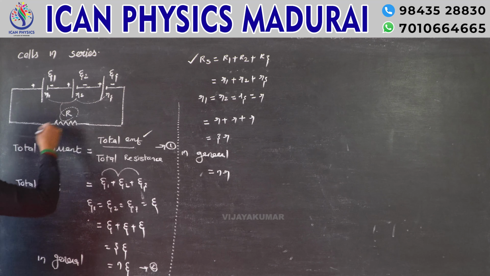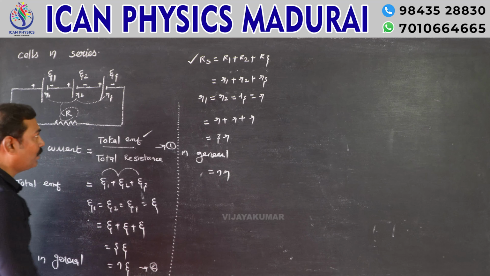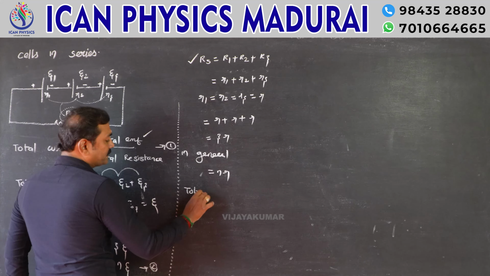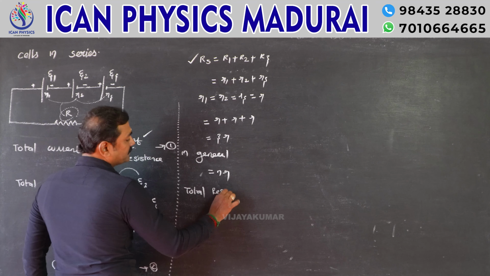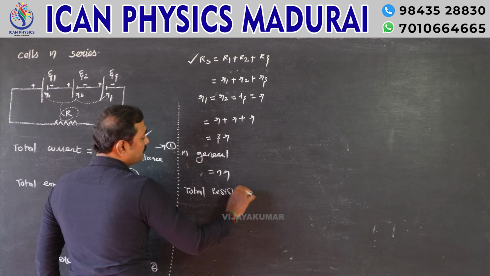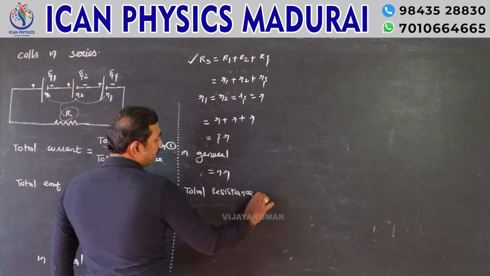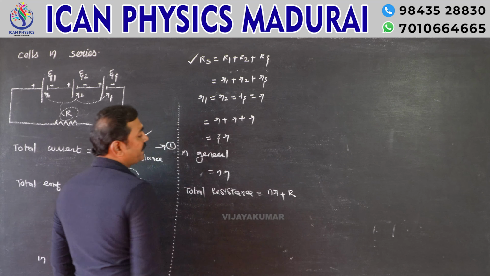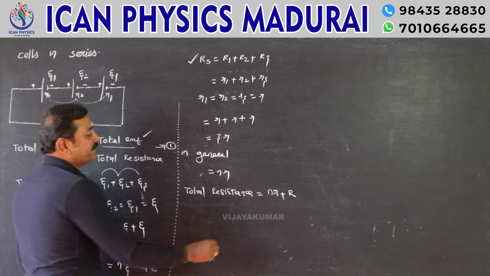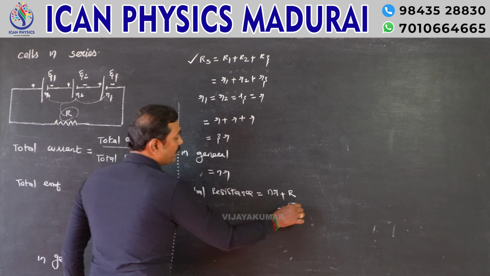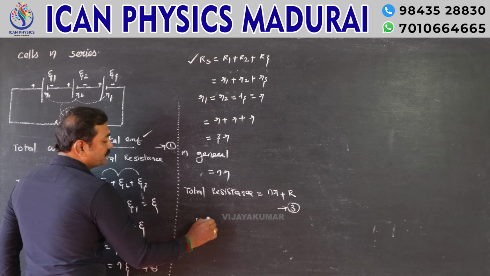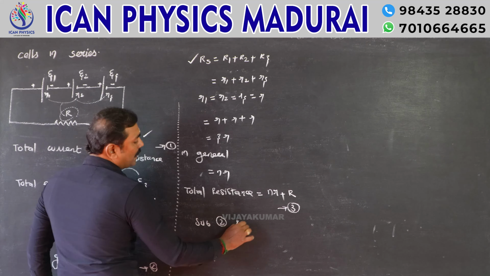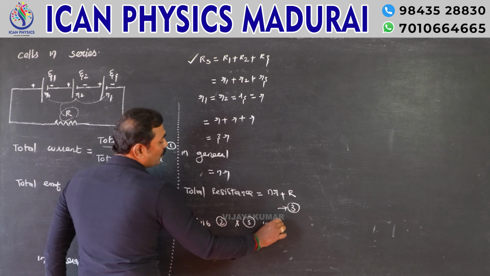Now it is connected with the external resistance, so the total resistance equals nr plus capital R. This is taken as equation number 3. Now substitute 2 and 3 in 1.